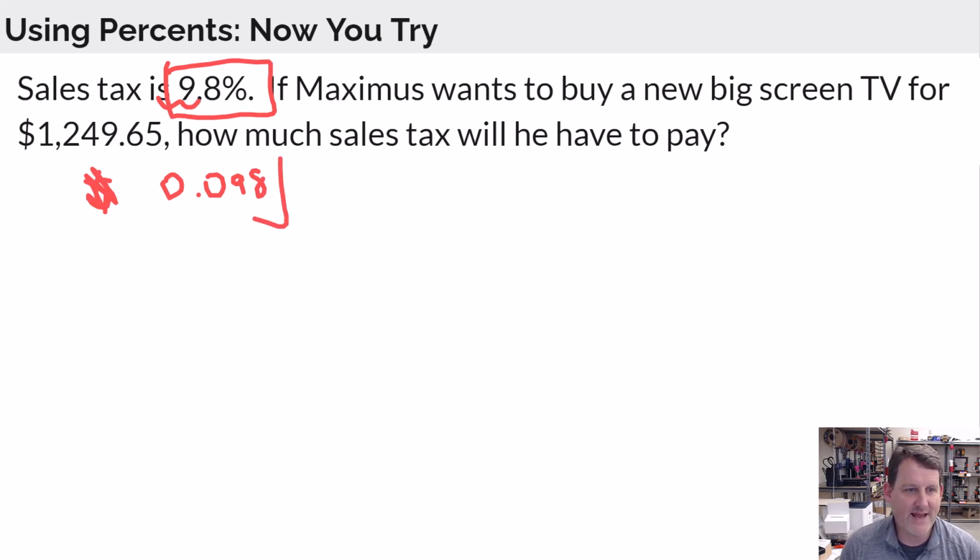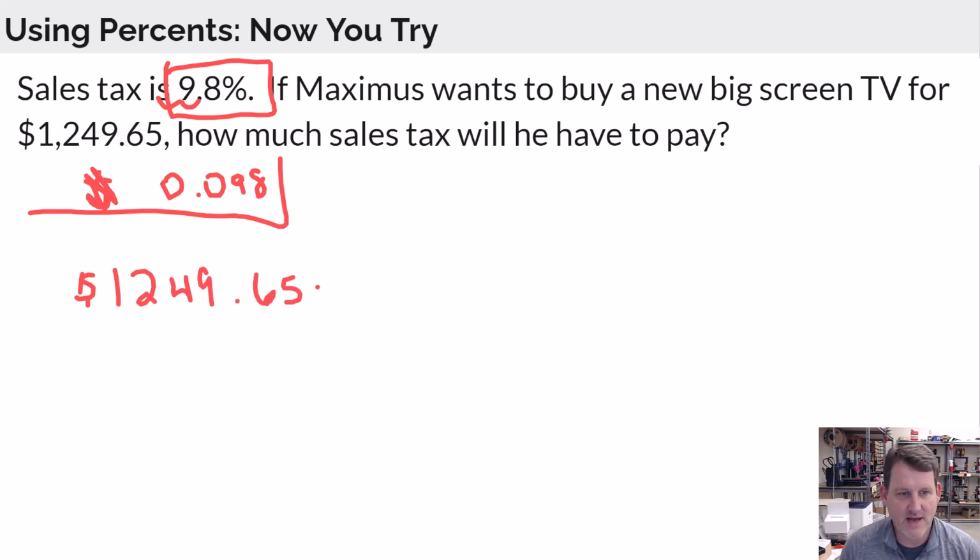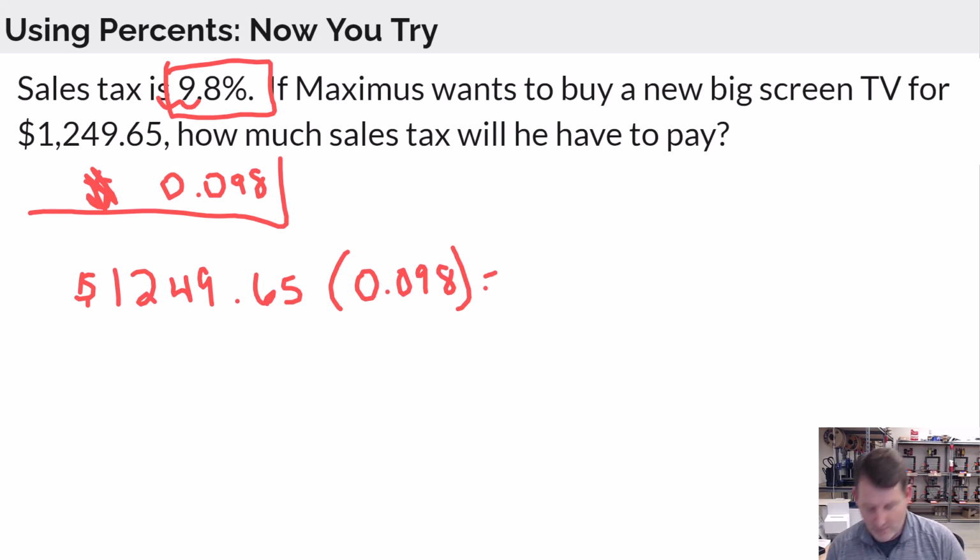And we're going to take this number and multiply it by our total. So we have this money, $1,249.65 times the tax, which is 0.098. That's that percent represented back to its real number, which is a decimal. And then we're going to do 1249.65 times 0.098.